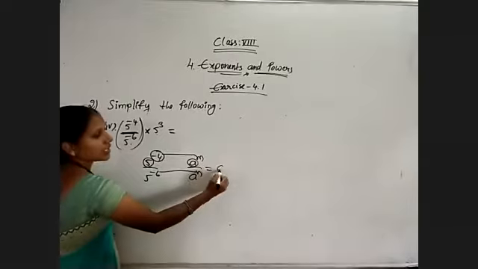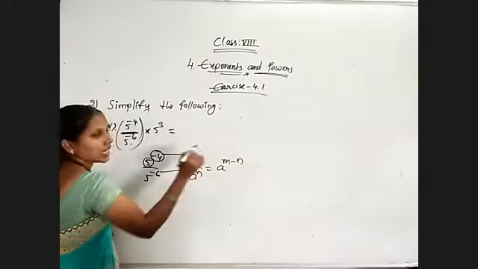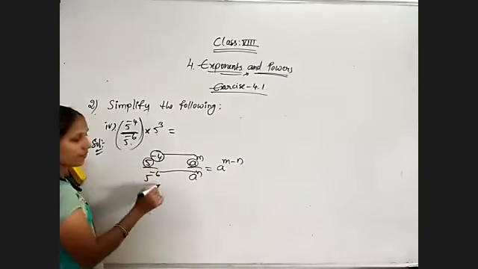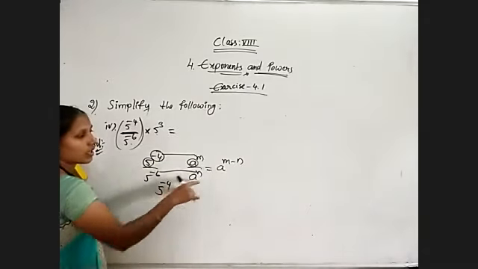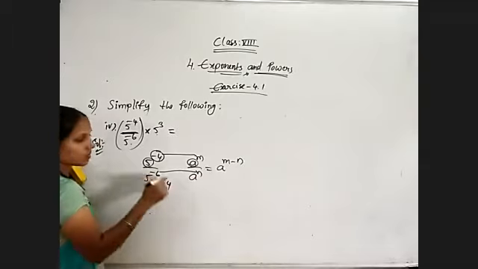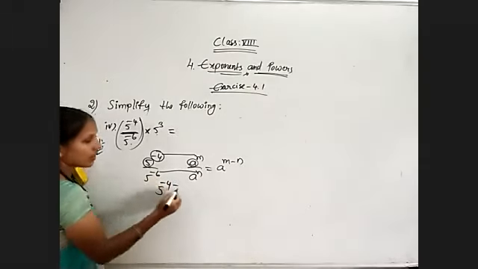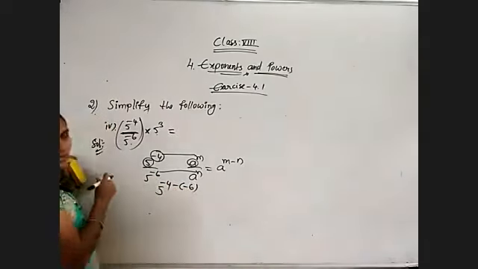What is its simplification? a^(m-n). The a value is 5, the m value is -4, the n value is -6, and between them is a minus sign.